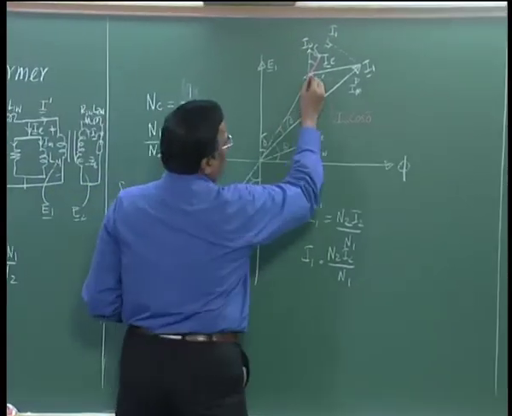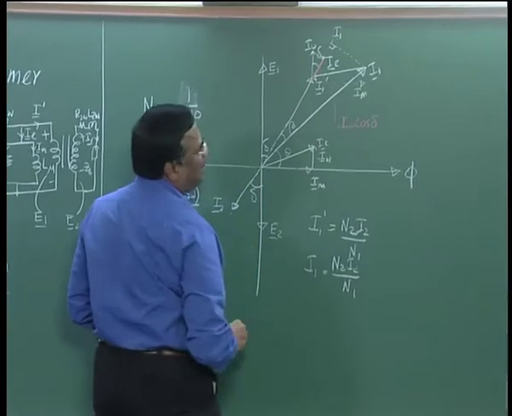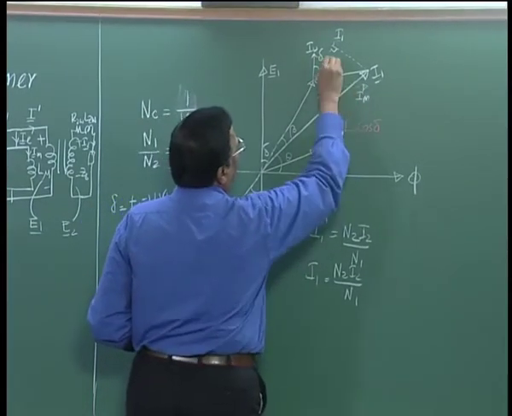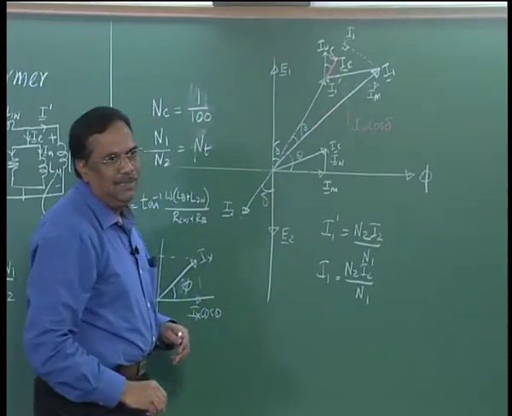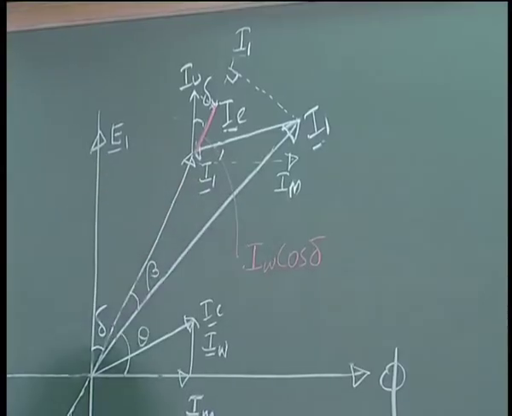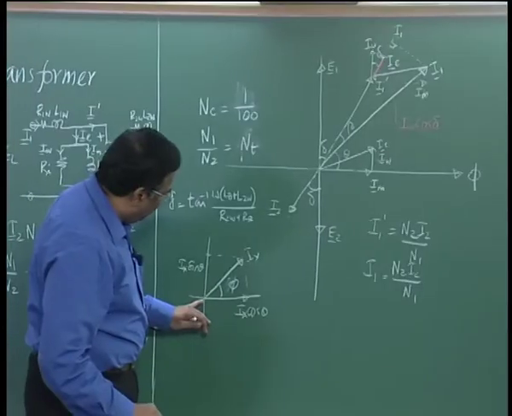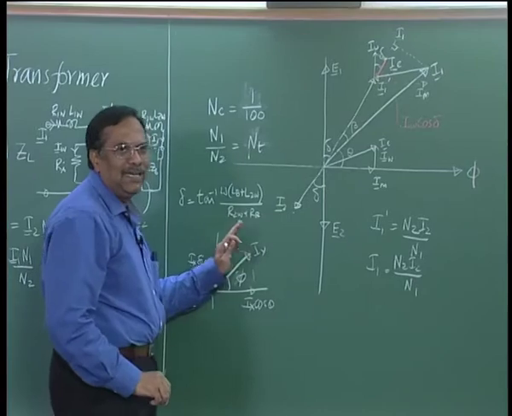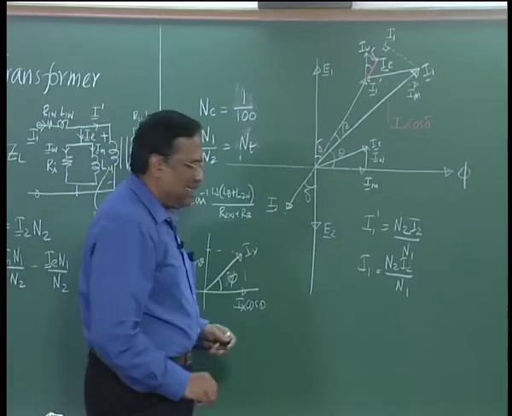Now, I have Im here, right. I want Im's component on this axis, right. So, what will be? Look at here, this is delta, I am having IW here, that is cos delta. So, that would be sin delta.